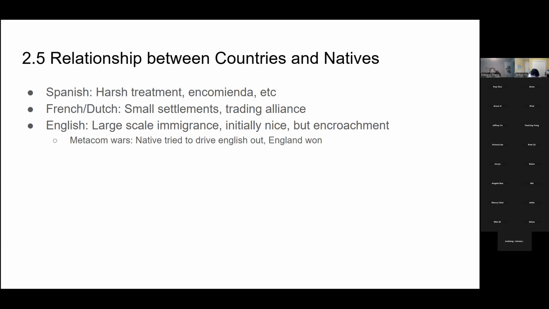And the medical wars, this is the big one. The natives tried to drive out the encroaching people who immigrated from England, right? Because they didn't want them to keep on taking their land, because they thought, oh yeah, eventually they're just going to kick us all out of our own land. So that's why they started the medical wars. As a result of this, England won that war, and then they imposed more restrictions on the natives.